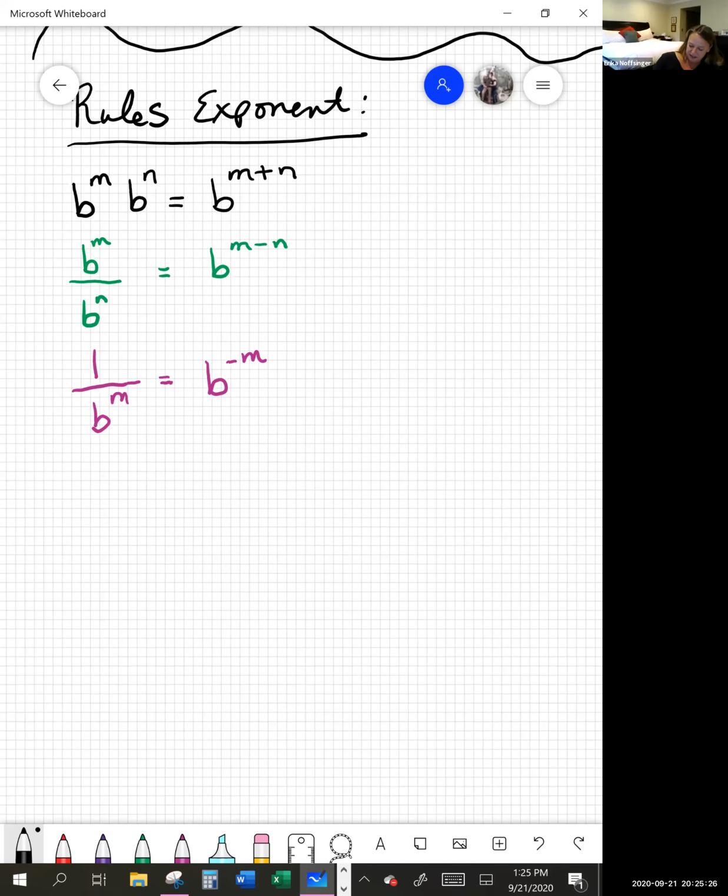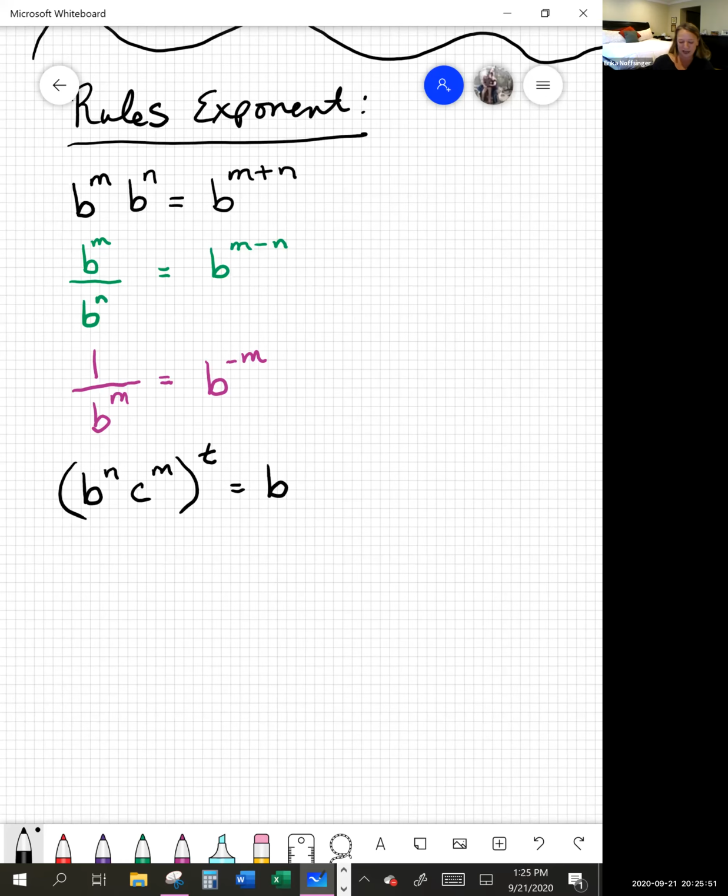If you have not the same base, let's say you have some base b raised to some power n, and you have another base, let's say c raised to the m, and you are taking this all to some power t. If this is the case, then we can rewrite this again, power to power. I guess I didn't do that one yet.